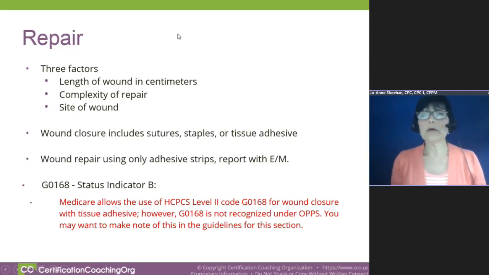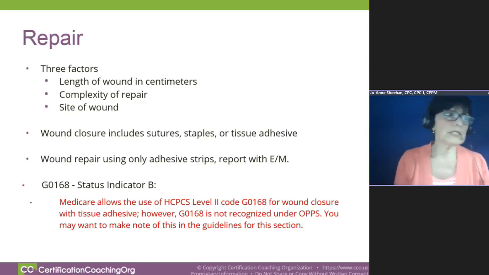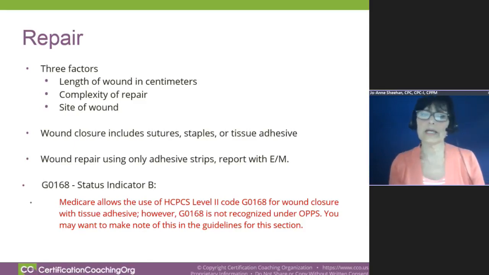Now, again, when we talk about repair, there are 3 factors to consider: the length of the wound in centimeters, the complexity of the repair, and the site of the wound. And this is an area, again, where students get very confused. Wound closure always includes either sutures, staples, or tissue adhesive. Wound repair using only adhesive strips, you report with an E&M code.